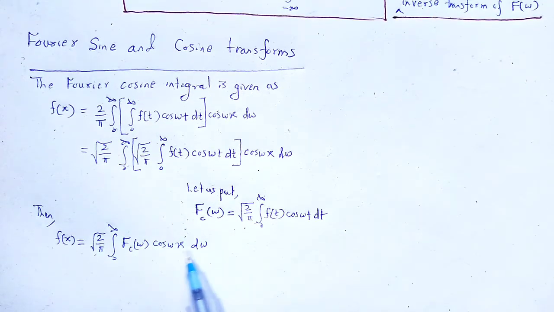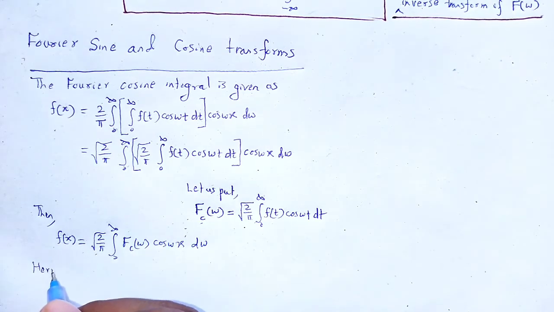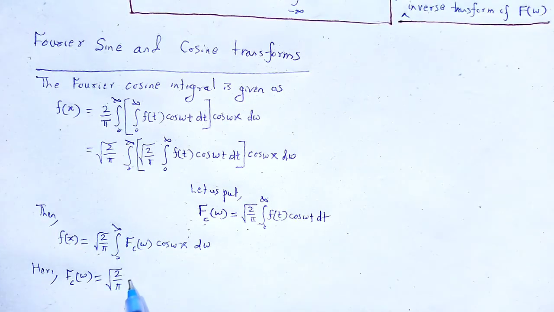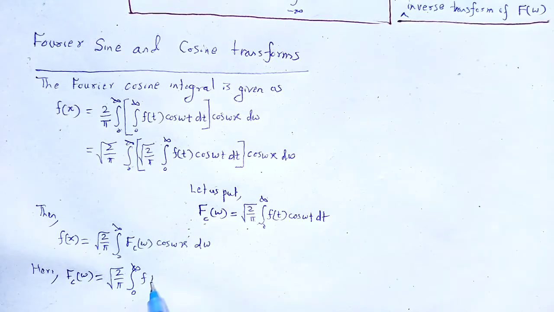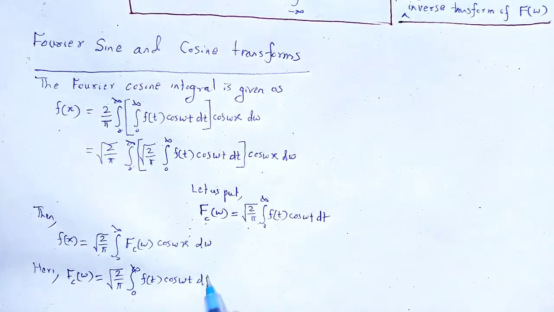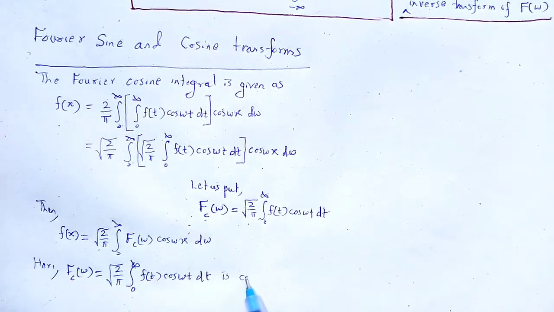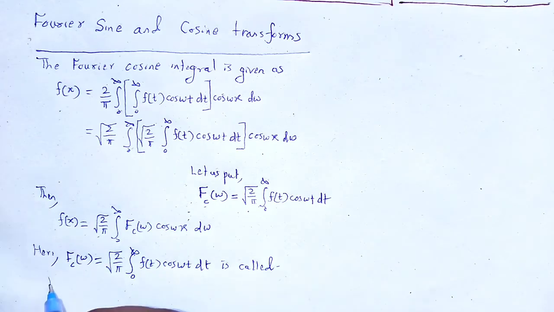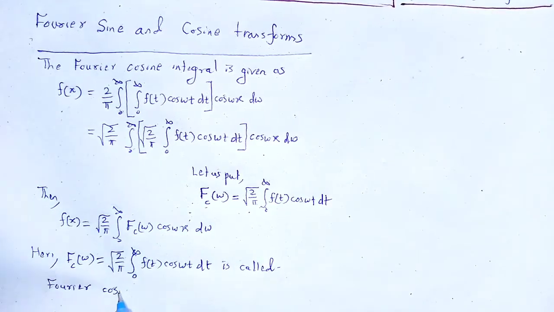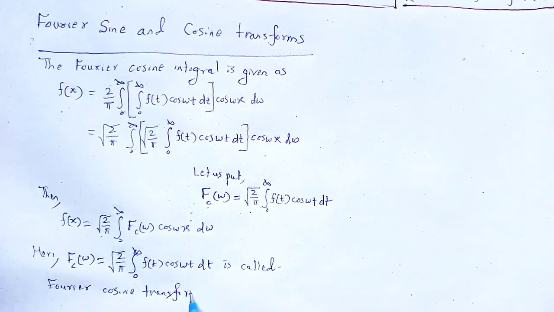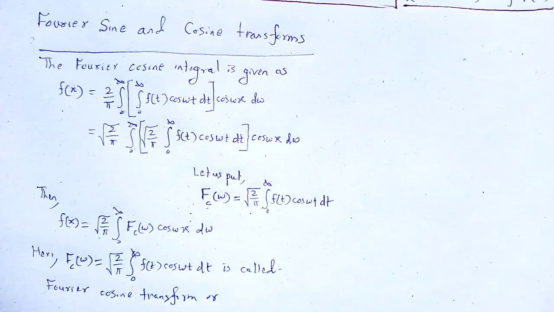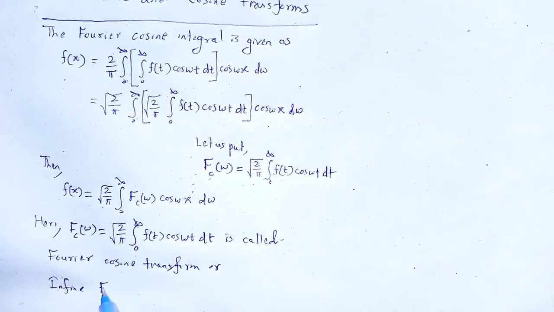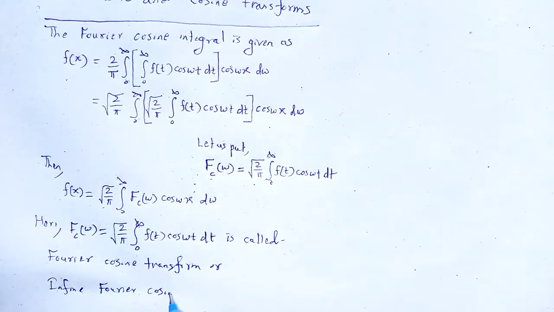Here that portion F c of omega, which is equal to under root of 2 by pi integration over 0 to infinity f of t cos omega t dt, is called Fourier cosine transform, or that is infinite series, so we call it as infinite Fourier cosine transform.